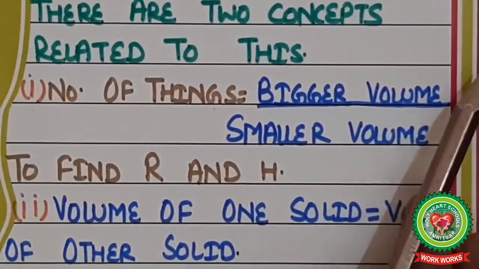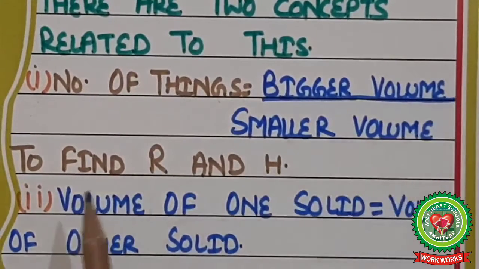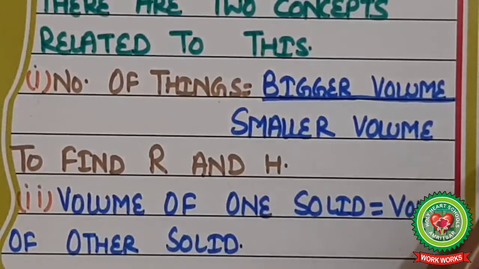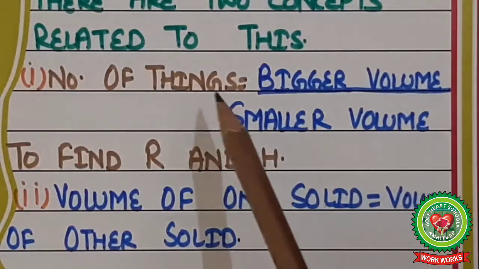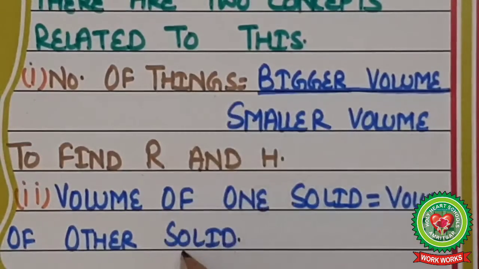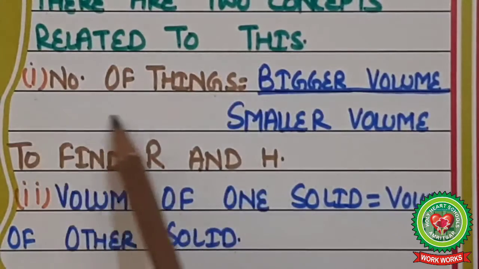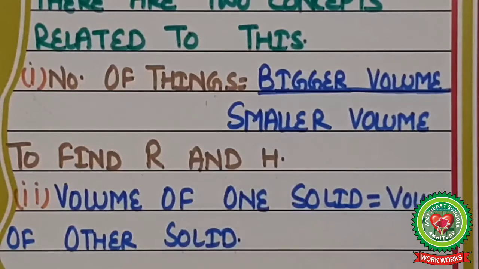The second concept is when we have to find R and H. In this case, the volume of one solid will be equal to the volume of the other solid. We will do sums related to both concepts. So let's do the questions.